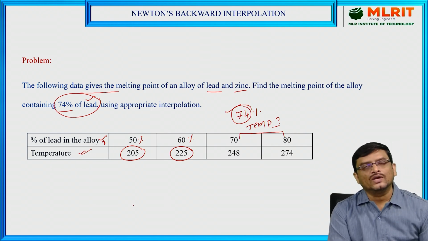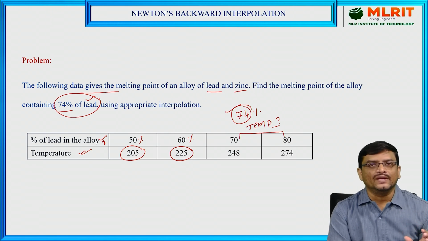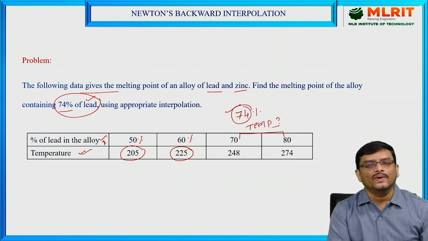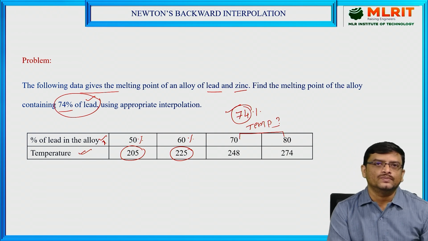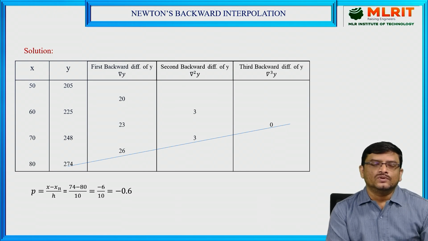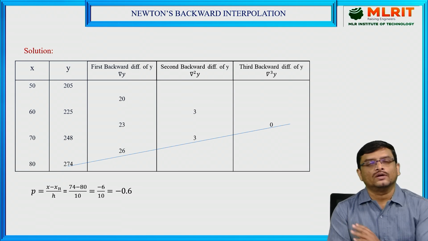Like this, we have to analyze the problem and check whether that value lies at the beginning of the table or the ending of the table. If it is the ending of the table, then by default we can go for Newton's backward interpolation formula. So now we'll construct the backward difference table here, because we are applying Newton's backward interpolation formula.